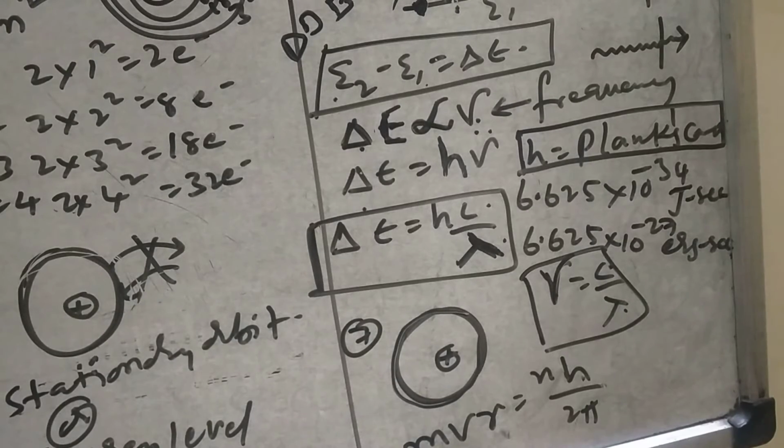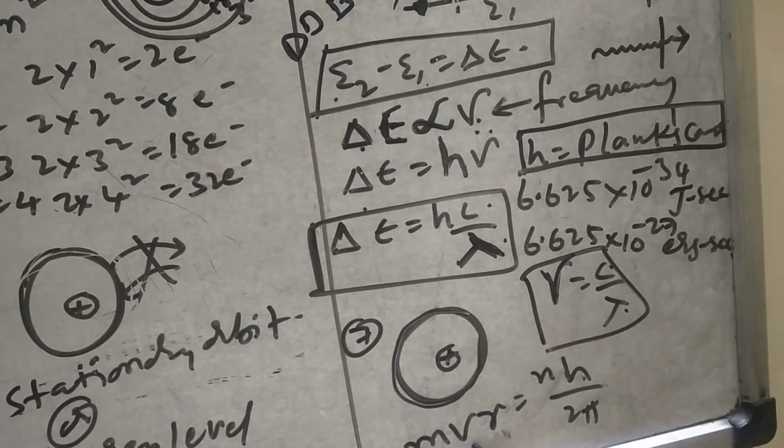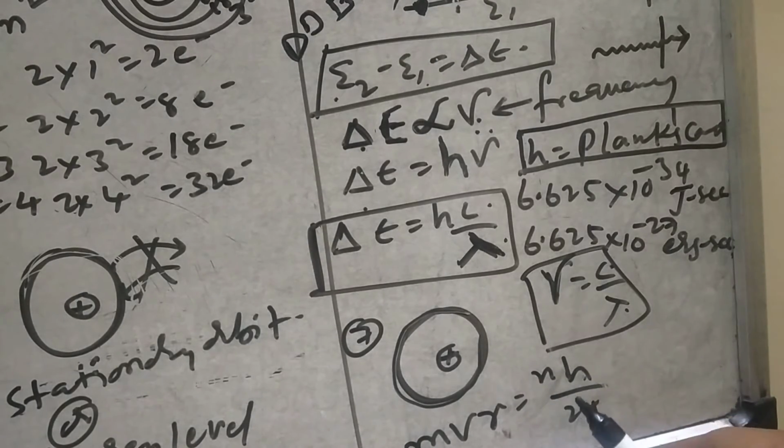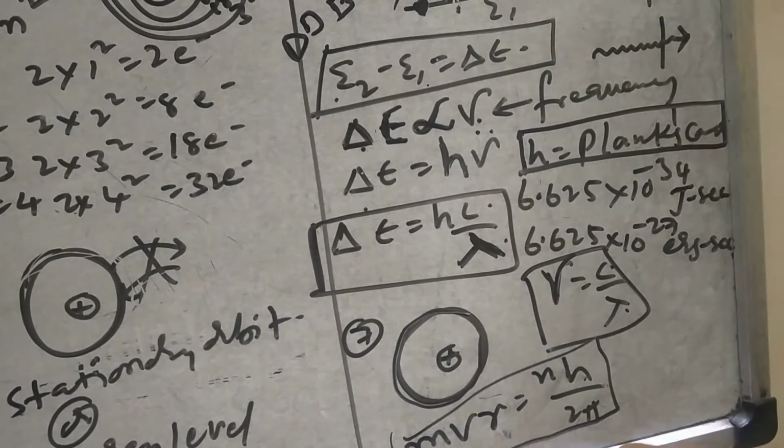What is angular momentum? Mass, velocity, radius. m is the mass of the electron, v is the velocity of the electron, r is the radius of the orbit, n is the number of the orbit, h is Planck's constant, and pi is a number. This angular momentum mvr equals nh by 2 pi.